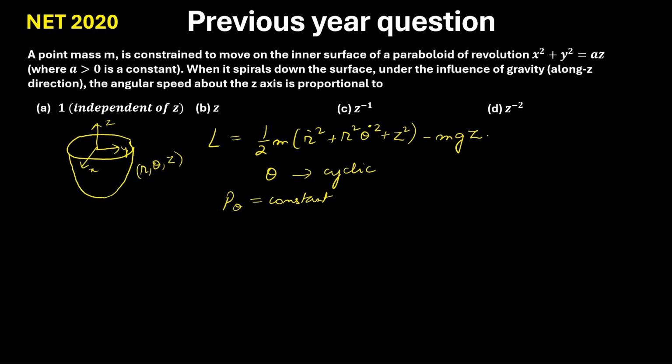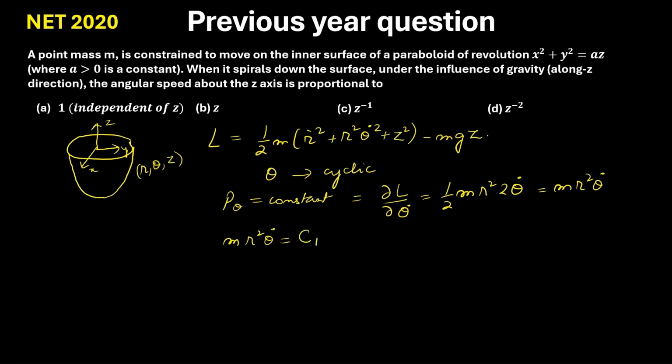And p theta is equal to the derivative of the Lagrangian with respect to theta dot. So this one will be half m r square times 2 theta dot, which is m r square theta dot. Since this term is constant, m r square theta dot is constant, I'll just denote it by c1.